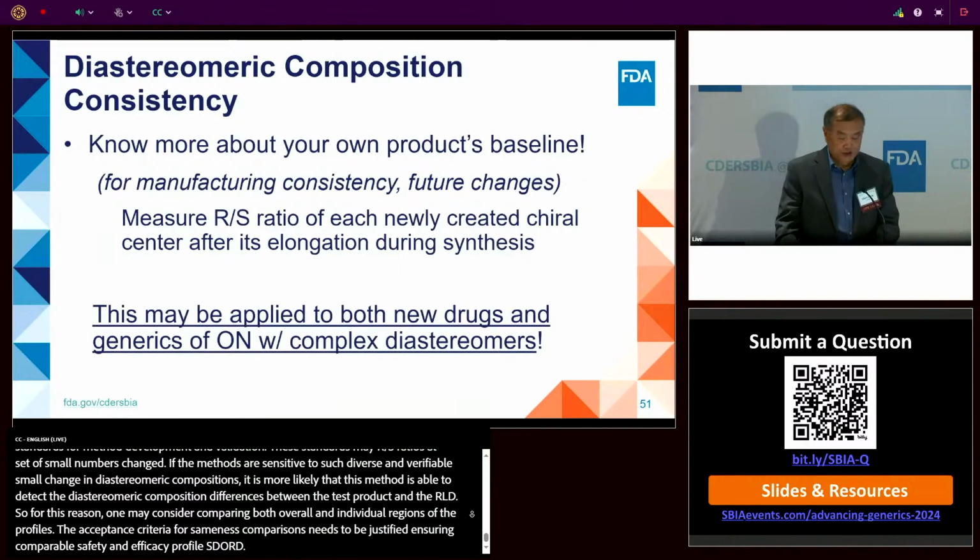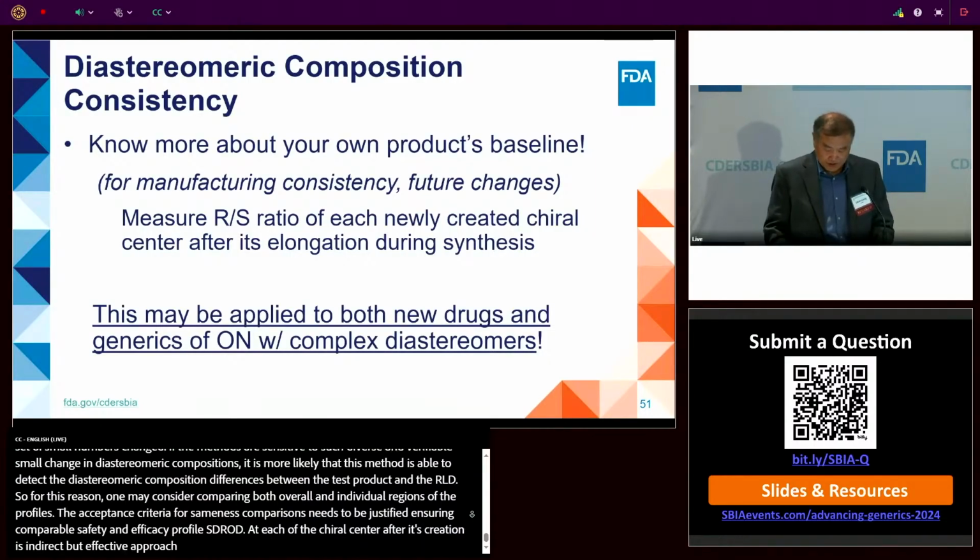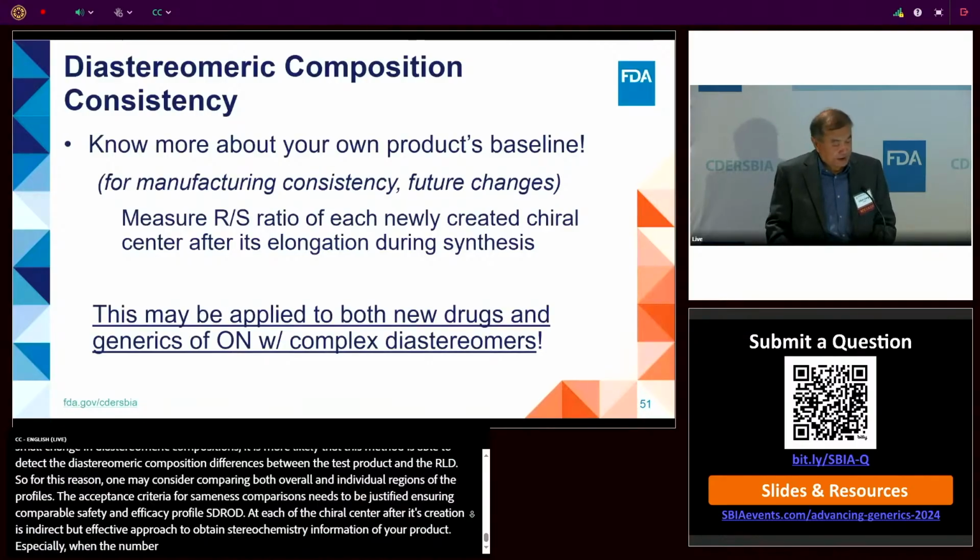The RS ratio measurement at each of the chiral center after its creation is actually an indirect but effective approach to obtain stereochemistry information of your product, especially when the number of diastereomers is very high.